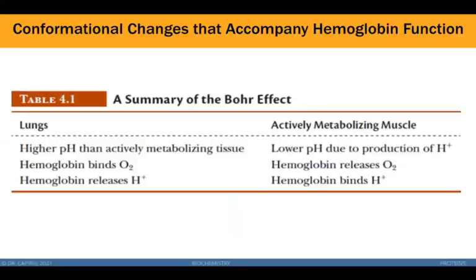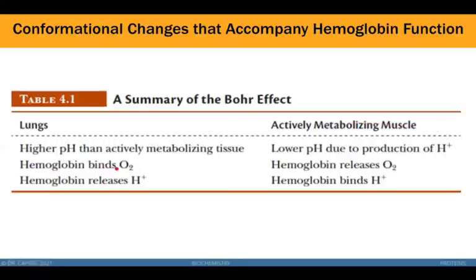And in that muscle, you have low pH due to production of acids. Aside from production of acids, you also have lactic acid that promotes a decrease in pH. Okay, so this is the setup. In actively metabolizing muscle, the pH is lower. It's more acidic because of the production of hydrogen.